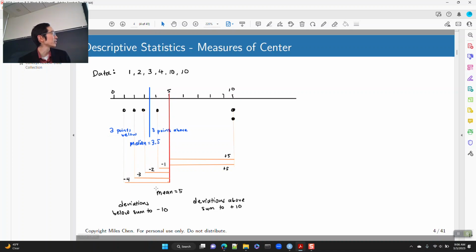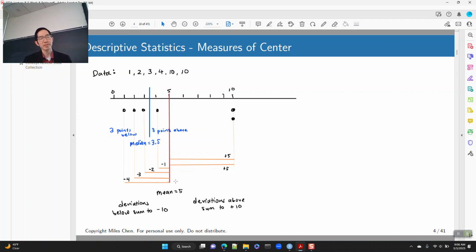And those add up to -10. And then you have 2 points that are above the mean, and they both have deviations of +5 and +5. So those add up to 10. So those are in balance, right? And if you try to pick any other location, the deviations will not be balanced.